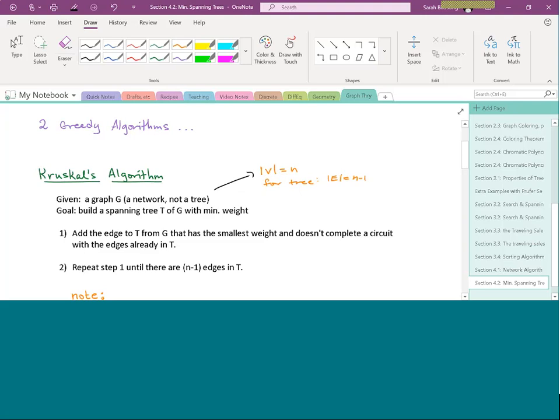So notice if all of the edges have the exact same weight, it doesn't matter what spanning tree you grab, the weight's going to be the same. It's going to be n minus 1 times whatever the weight was.